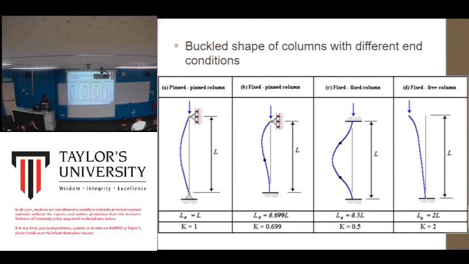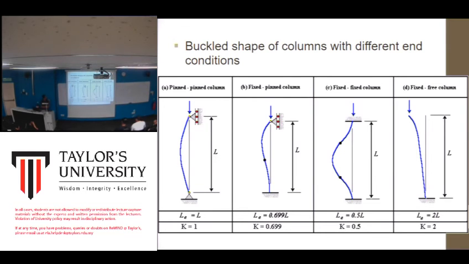Maybe in bridges or industrial buildings, you can have pins, a pin on the top and a pin at the bottom like this. In this case the buckling shape is like that. Okay, as simple as that.